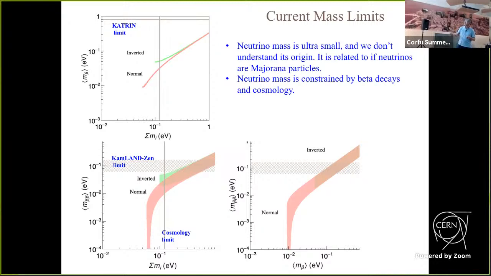The KATRIN single beta decay limit is 0.8 electron volt now, but they aim soon for 0.2 electron volt. Another project, Project 8, goes to below 40 milli-electron volt. If it reaches 40 milli-electron volt, it will actually disprove the inverted mass hierarchy.